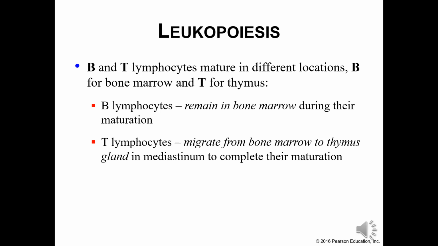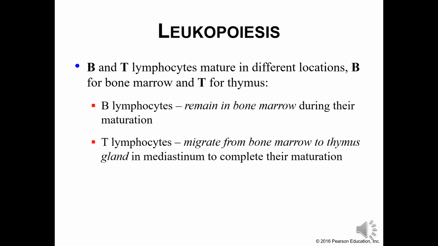Now your B cells and your T cells, which are lymphocytes, will mature in different locations. Your B cells are going to be produced and develop in your bone marrow, whereas your T cells, even though they're produced in the bone marrow, are going to mature in the thymus gland, and that's how we get the name T for T cell.